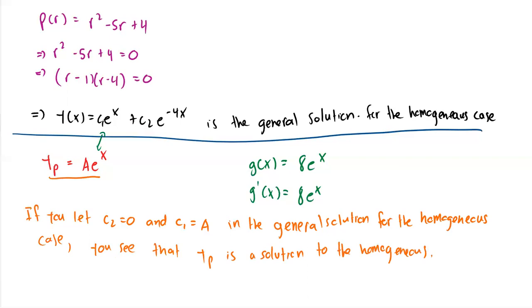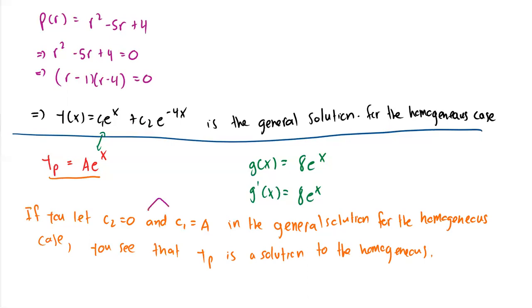Why? Because if you go to y of x, replace C2 with 0, C1 with A, remember, the general solution of the homogeneous case holds for any choice of coefficients, no matter what C1 and C2 are. So if you let C2 be equal to 0, C1 equals A, what does y of x become?